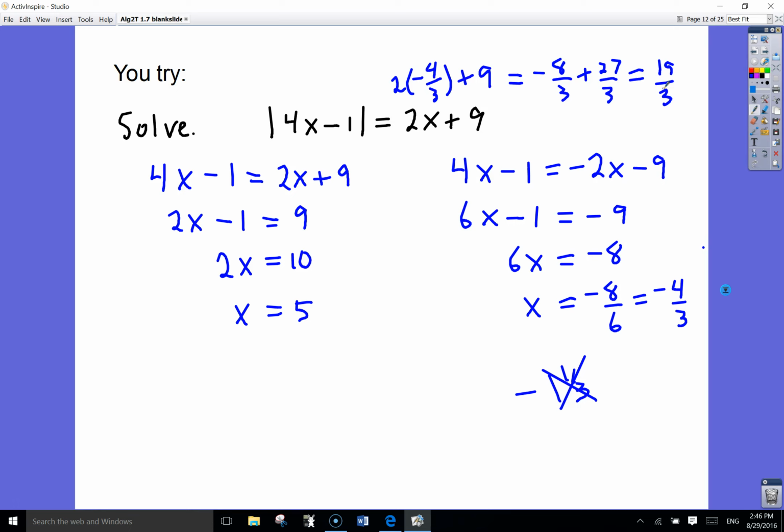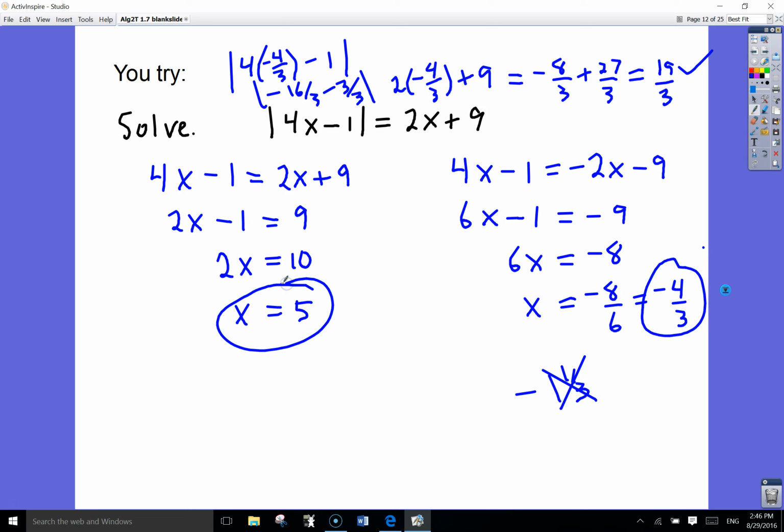So now we need to check the other side. 4 times negative 4/3 minus 1. Okay, that's negative 16/3 minus 3/3, which is negative 19/3. And when you take the absolute value, that is positive 19/3, and that checks. So in this case, we didn't have an extraneous solution. So you always have to check.